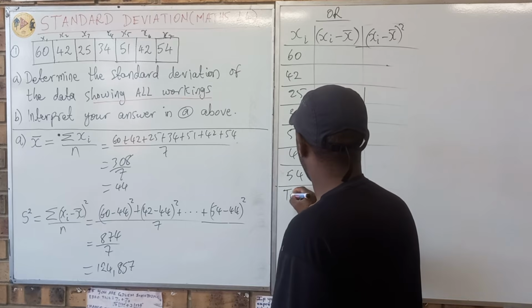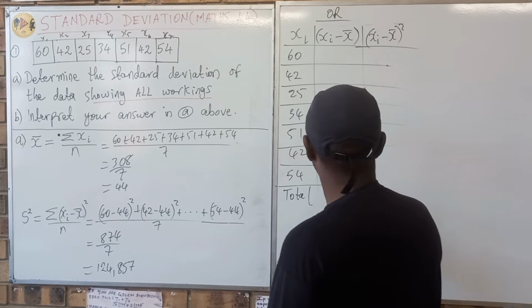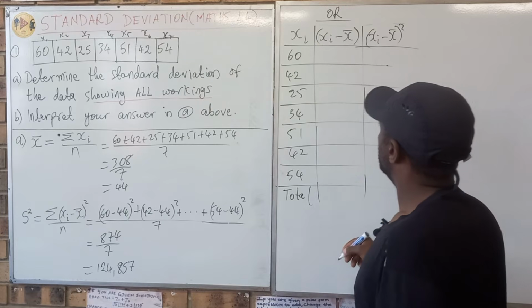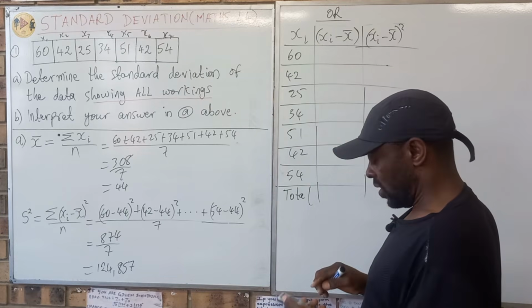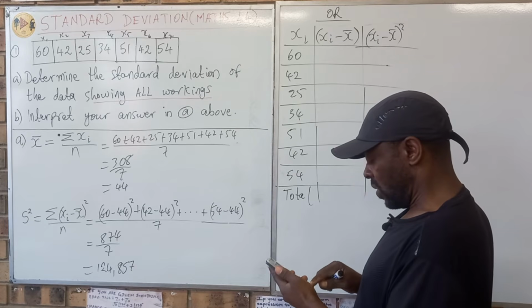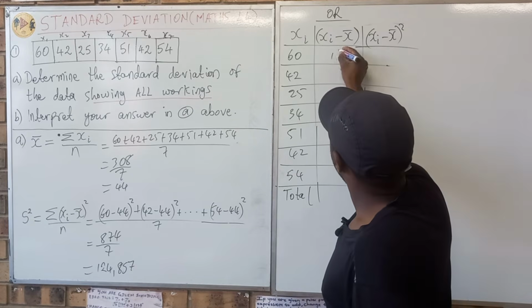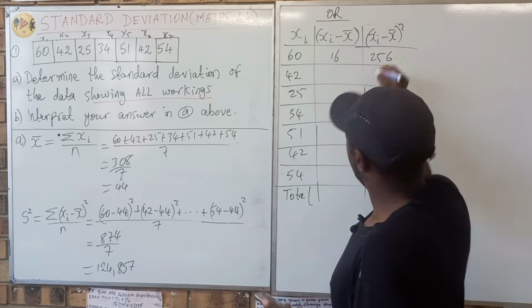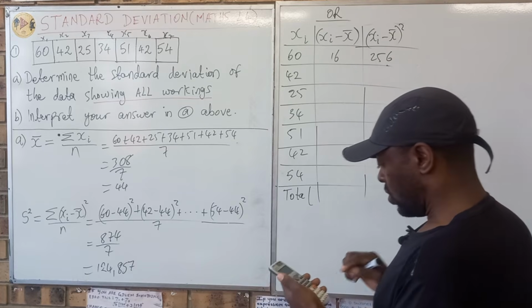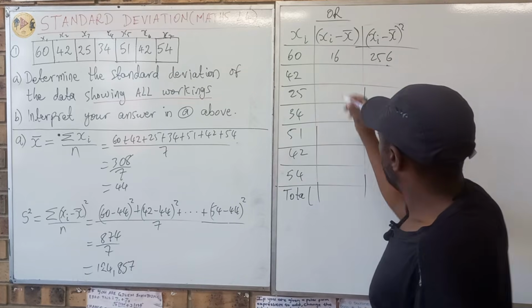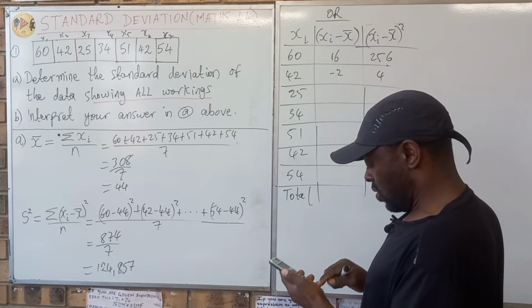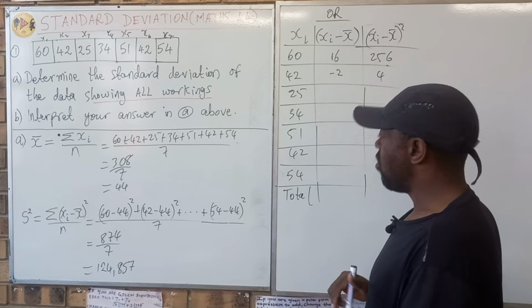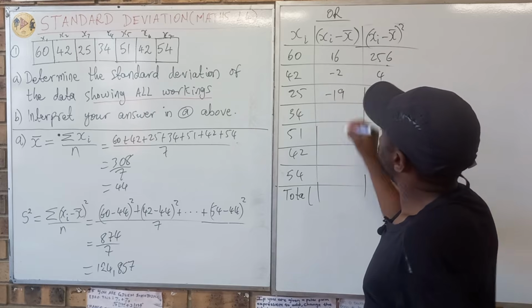Then I need the total of the middle column and the last one. In the middle column, I'm taking every entry minus the mean, which is 44. So I take 60 minus 44. That gives me 16. If you square 16, it is 256. Then 42 minus 44 is negative 2. You square it, it is 4. 25 minus 44 is negative 19.